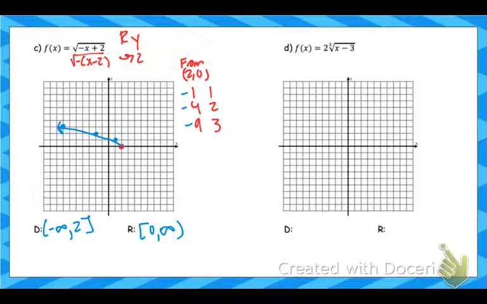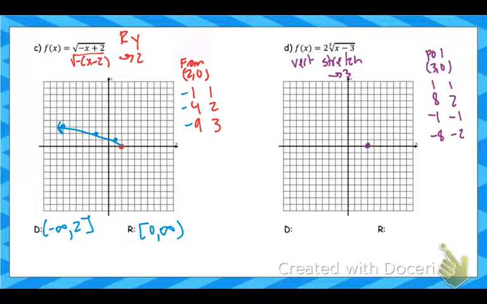All right, if you guys feel pretty comfortable, pause the video and try this next one. All right, so here, transformations, I've got a vertical stretch, and I've gone right 3. That means my point of inflection is at 3, 0. From that point, I'm going to follow my parent function pattern, but those points have been stretched by 2.